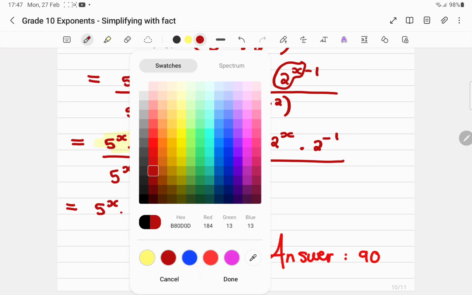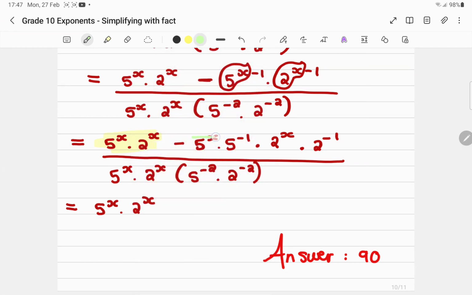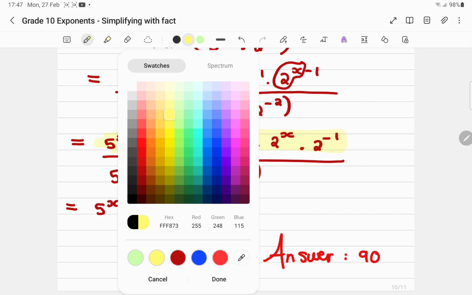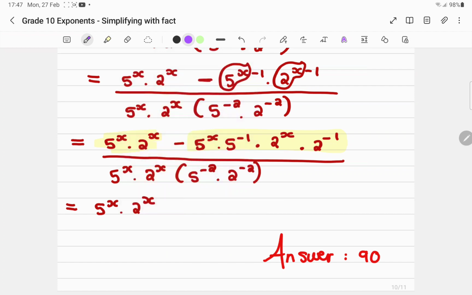And then if I highlight the other term, I'm going to take out 5 to the power x times 2 to the power x. So what is left? If you've taken out exactly what is there, then there's a 1 left. Minus. Now the 5 to the power x and the 2 to the power x is out because we've taken it out as a highest common factor.